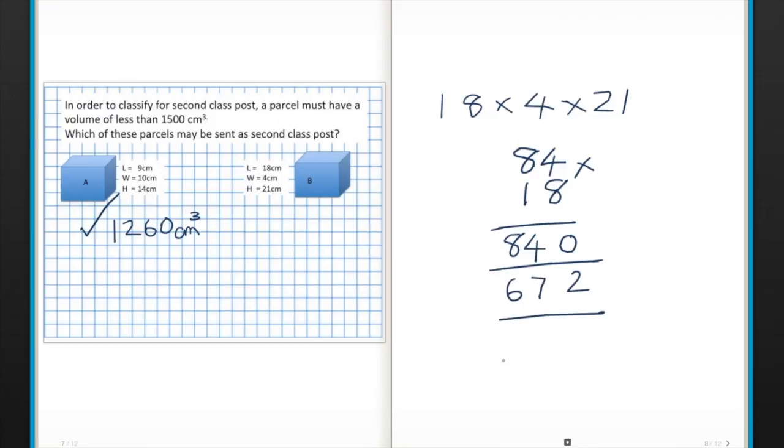And then we're going to add those two together. That's 2, 11, 14, 15. 1512 centimetres cubed. So that is more than 1500, isn't it? Only just, but that won't go. So this is the answer A.